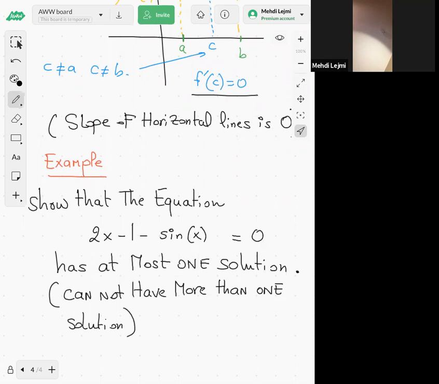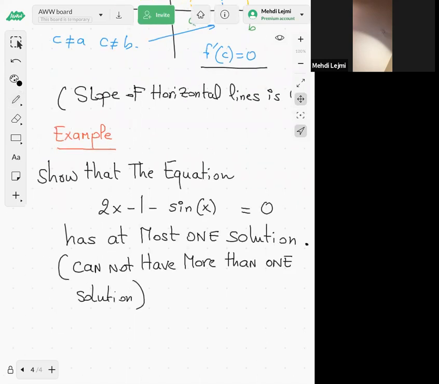You may ask, what's the relation with Rolle's theorem? Let me explain how we use Rolle's theorem to prove that this equation has no more than one solution.